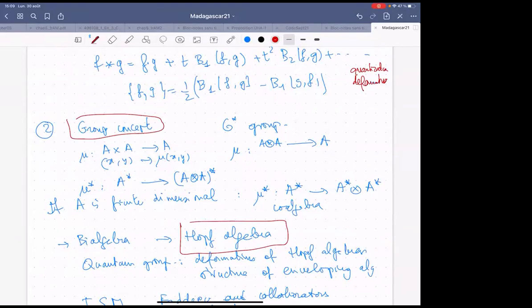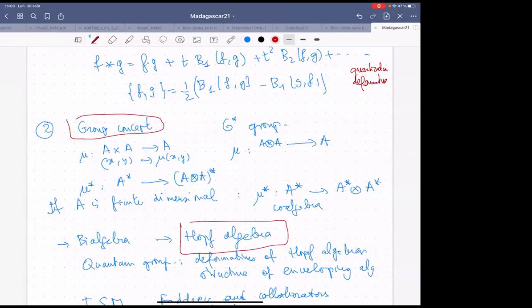That's why some of the examples are called quantum groups. Of course, they are not groups. They are Hopf algebras, which means that you have a multiplication, a co-multiplication, a unit and co-unit, and an antipode. These are all the ingredients which give this Hopf algebra structure.